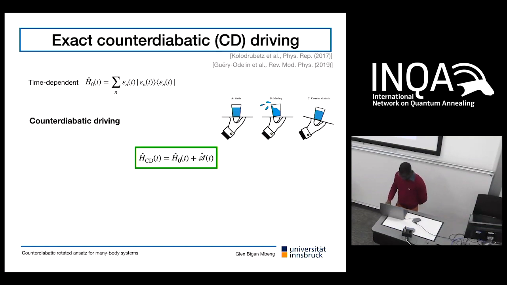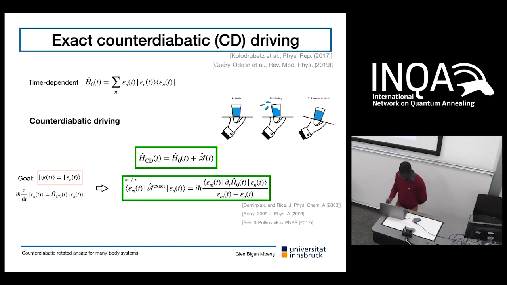So we have to add the terms, and as Adolfo already mentioned, here I don't even give the derivation in detail. So one can directly compute, and this has been done already in, let's say, 2002, what's the exact term that has to be added in such a way that all transitions are suppressed.